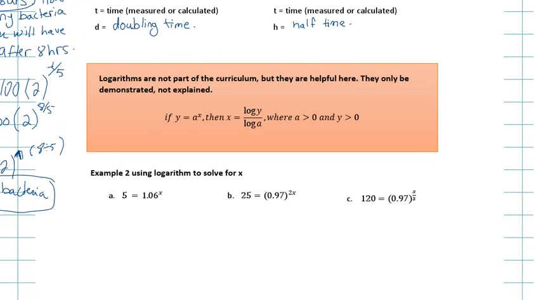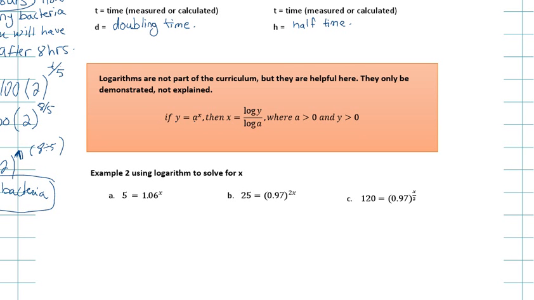Looking at the first example, 5 equals 1.06 to the power of x, how would you solve for x? It will be log of 5 over log of 1.06.